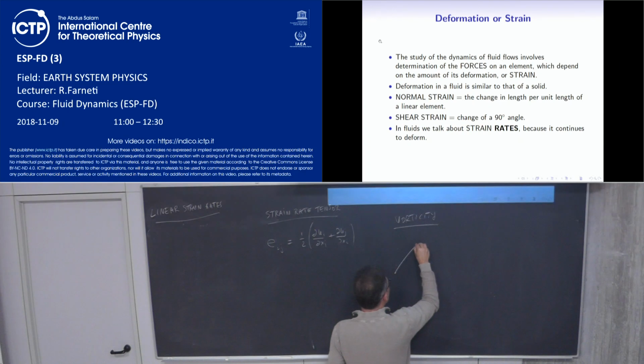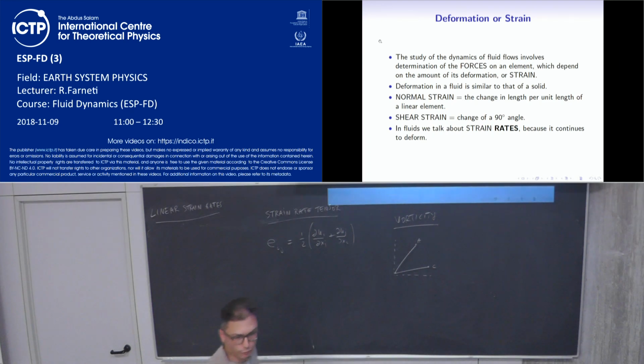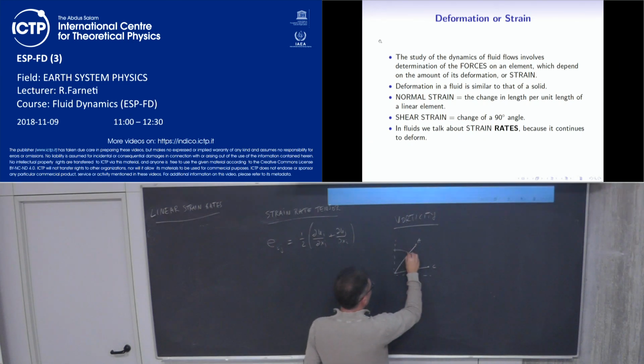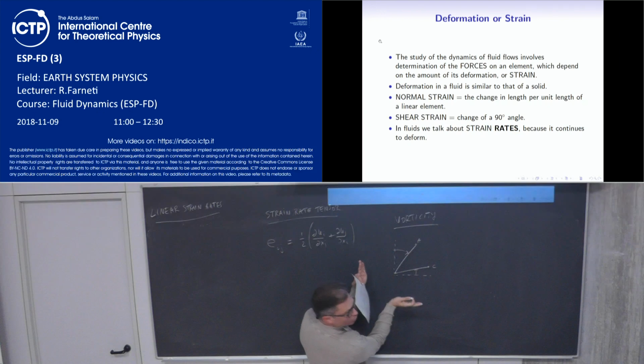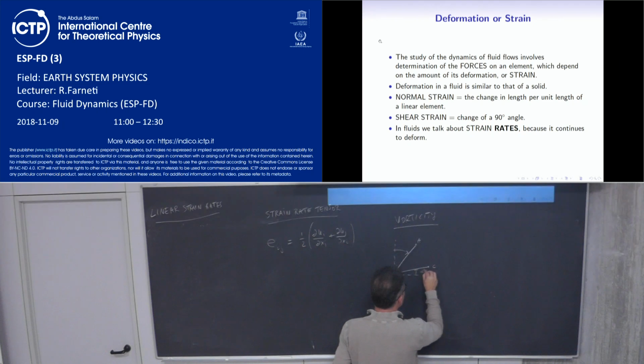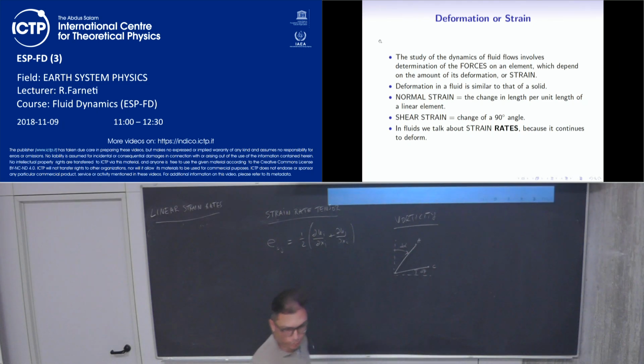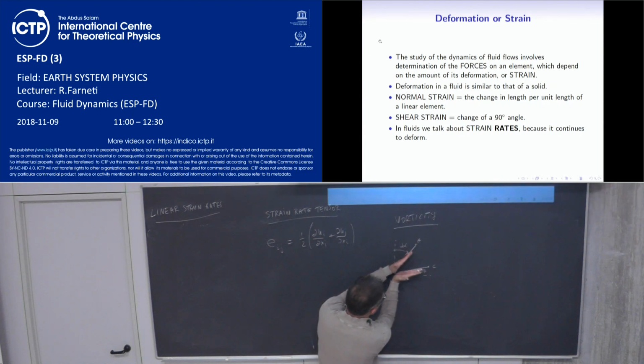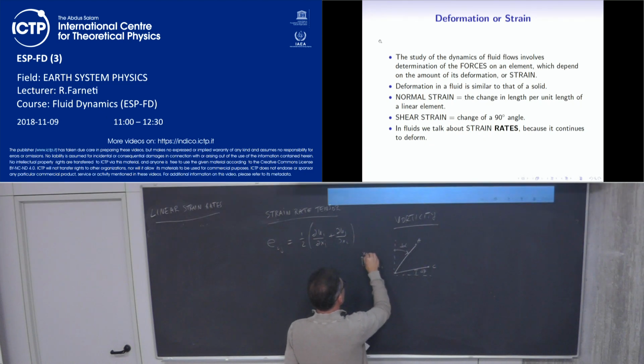So if we go back to the same example, I'm just drawing some of this. Okay, that was the element of fluid that from this original position got deformed to this new position, and it formed two angles, alpha and beta. So now let's imagine that we have x1 here, x2 here, and x3 is out of the board.